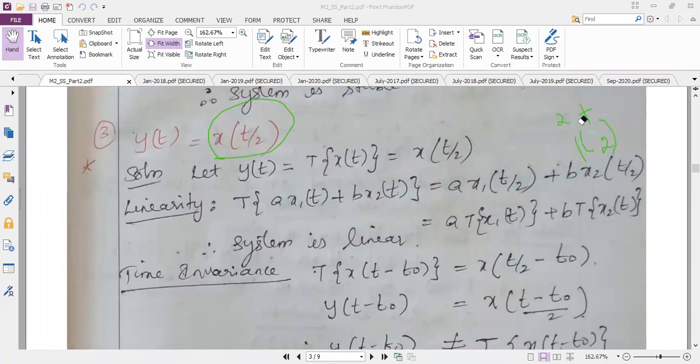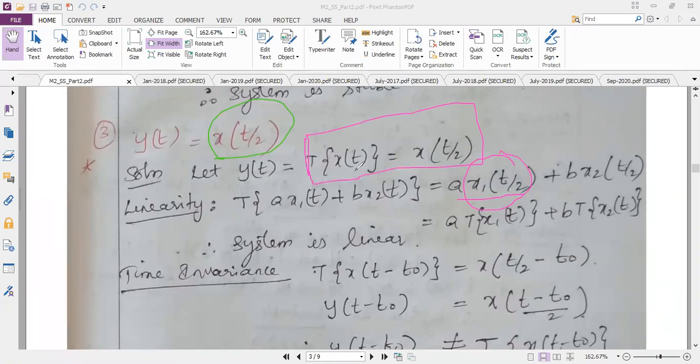After writing the right hand side, the analysis is very important. I should see whether this x1 of t by 2 can be written in terms of T of x1 of t, because here the relation is x of t by 2 equal to T of x of t. Yes, definitely I can write it in terms of this operator.